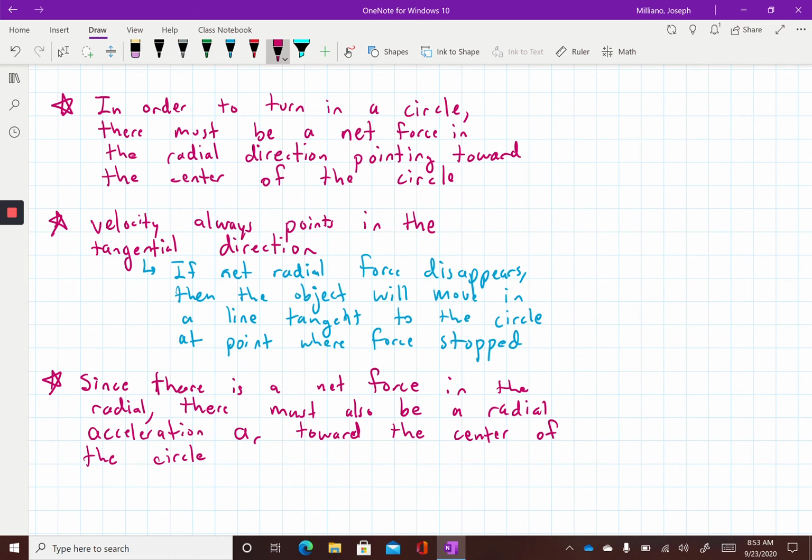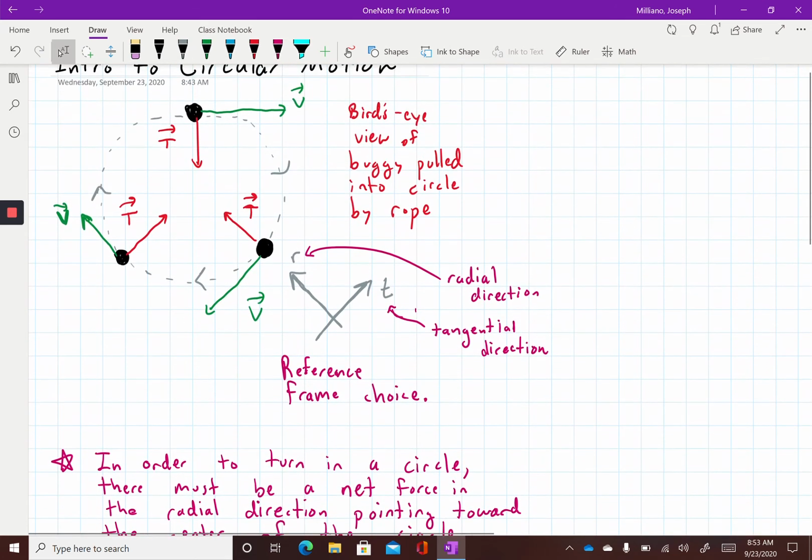Scrolling back up to our original picture now, that means we can draw an acceleration arrow into this picture also. And it would be the radial acceleration that's there, pointing in the same direction as the net force toward the center of the circle.